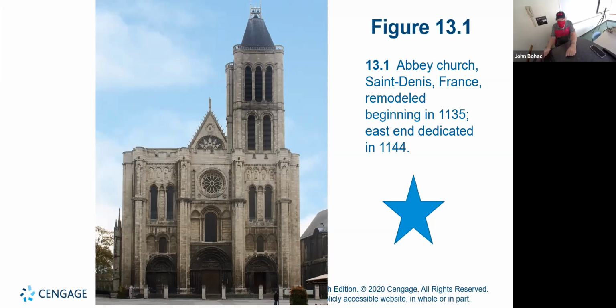It's kind of the prototype for what we see in Gothic art, which is mostly centered around the church and everything, the illustrated manuscripts, the stained glass, the sculpture, the architecture for sure, all revolves around the church.